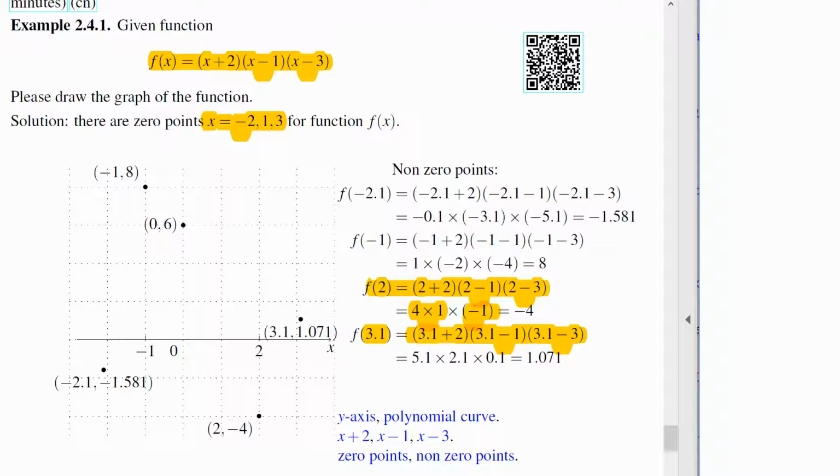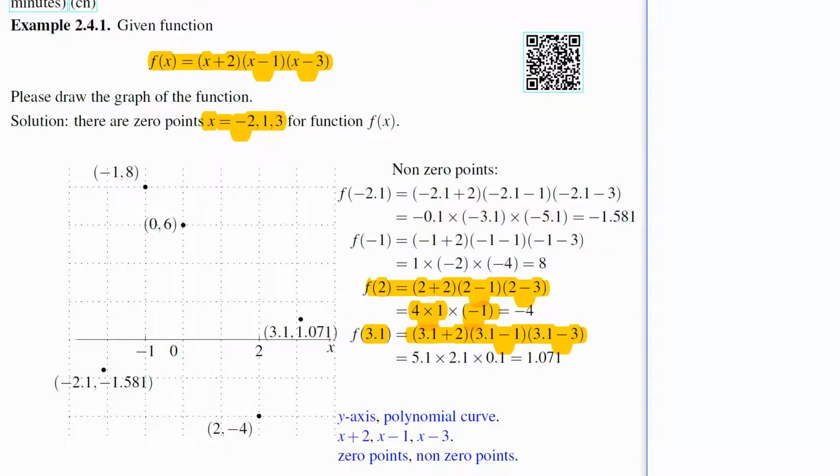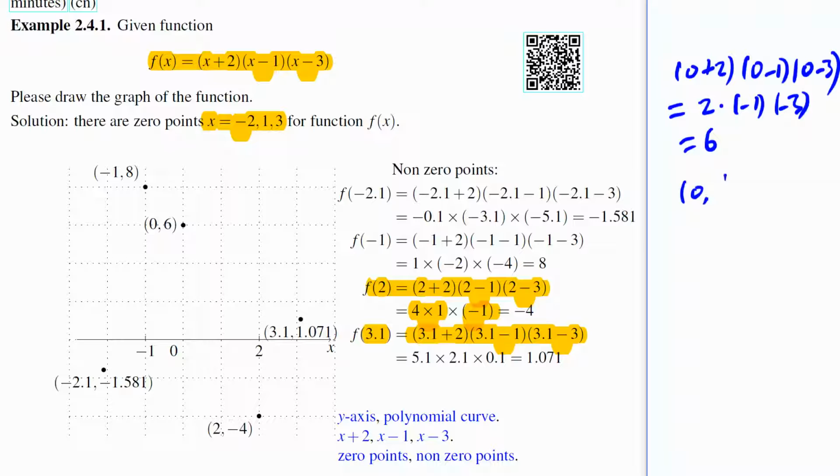You plug in 0 plus 2, then 0 minus 1, 0 minus 3. You have 2 times negative 1 times negative 3. Is that 6? So then (0, 6): x is 0, y is 6. So this point is also on the graph.